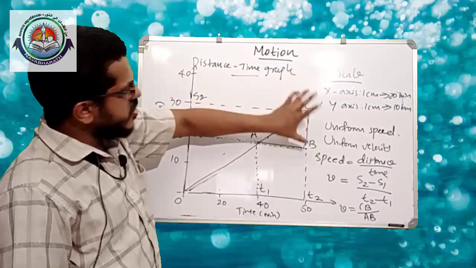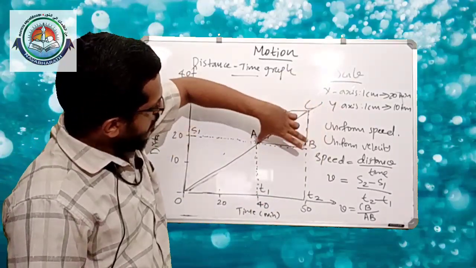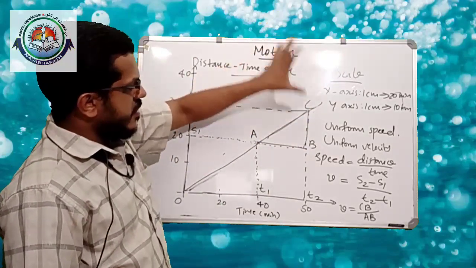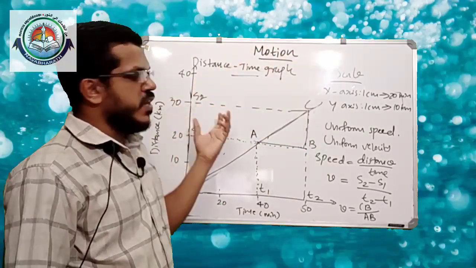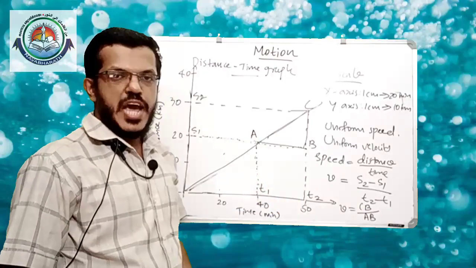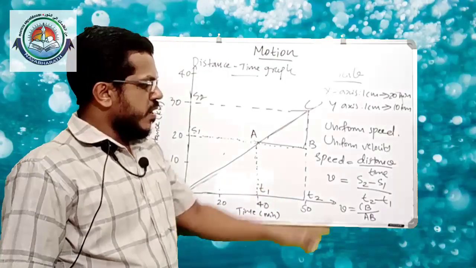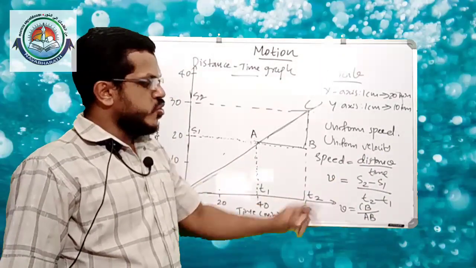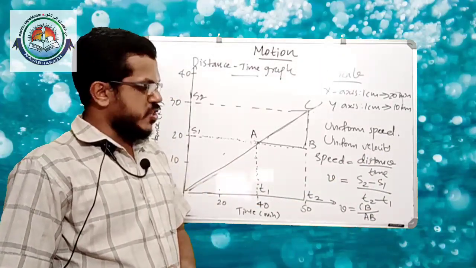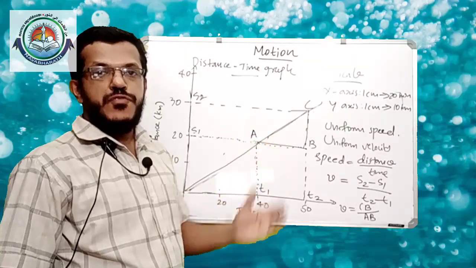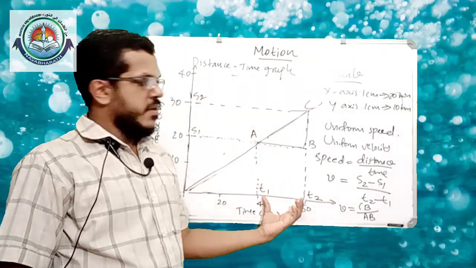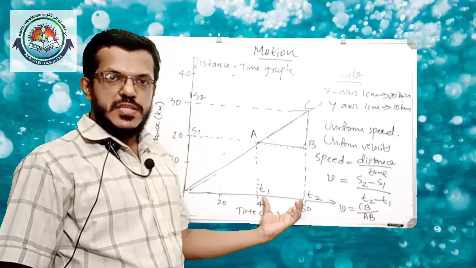If we take the ratio of CB and AB of this triangle ABC, then we get the speed of the object in this time interval. That is one method, and v is equal to s2 minus s1 divided by t2 minus t1 is another method to find out the speed of the object at this particular time interval. That's how we calculate the speed.